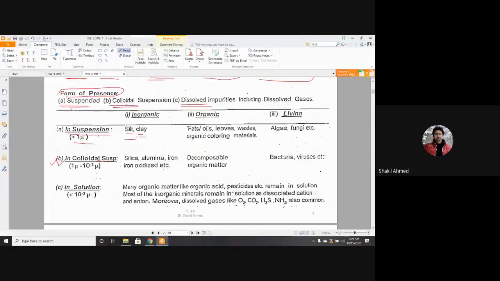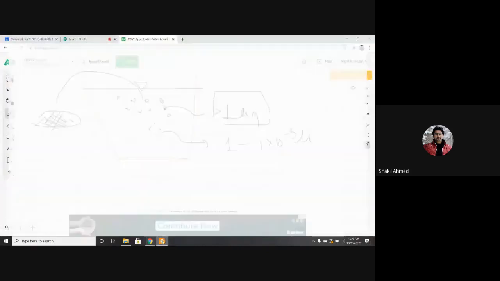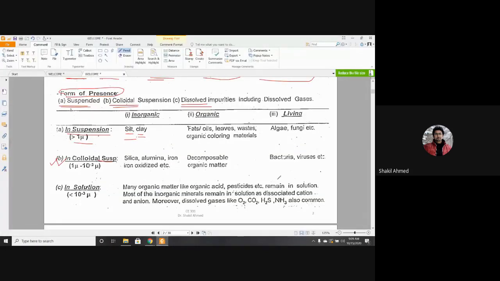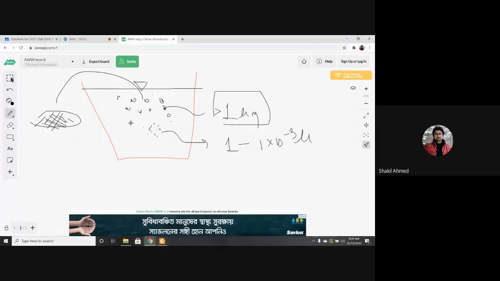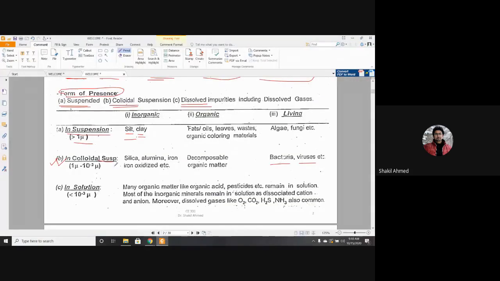Then we call it colloidal suspension. For example, bacteria, virus. It's very difficult to remove them using a filter. Bacteria and virus are in this range, along with decomposable organic matter.